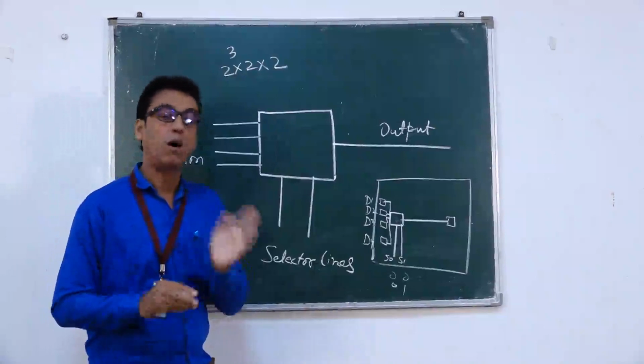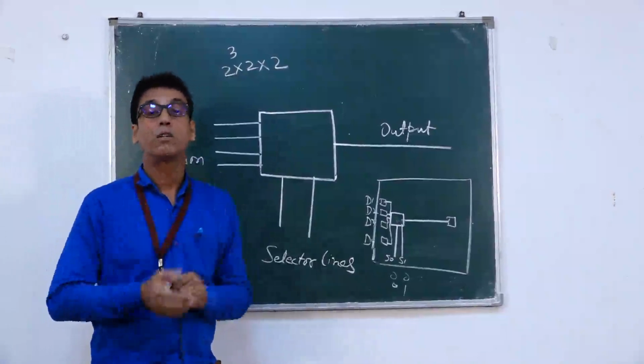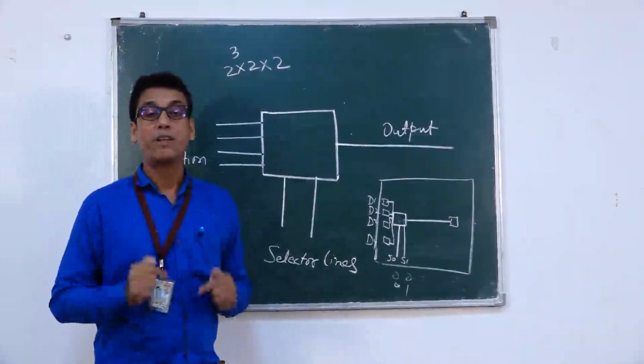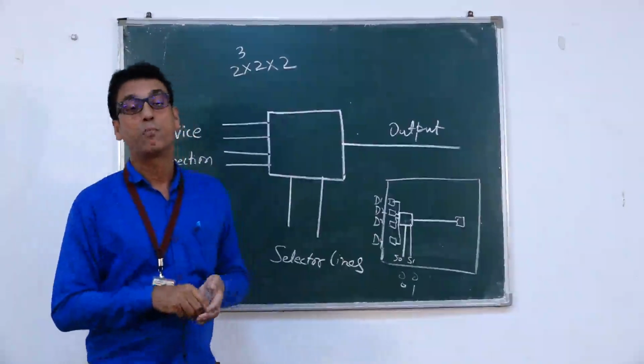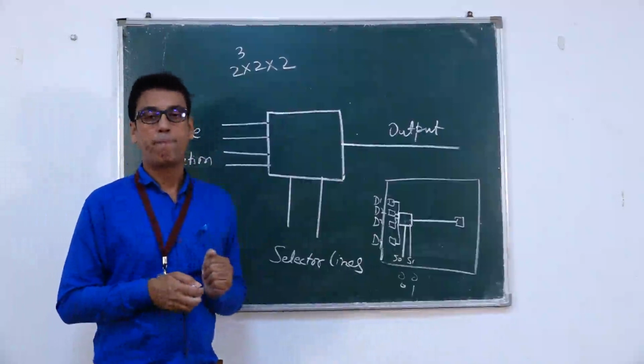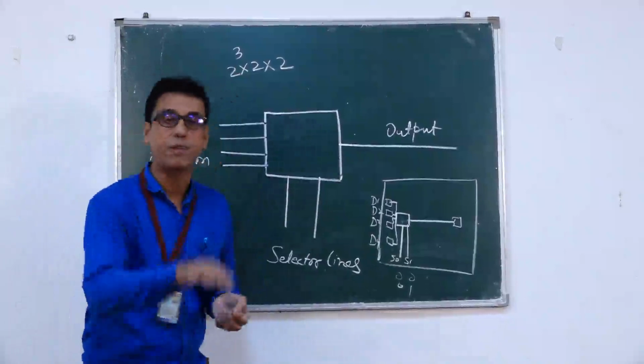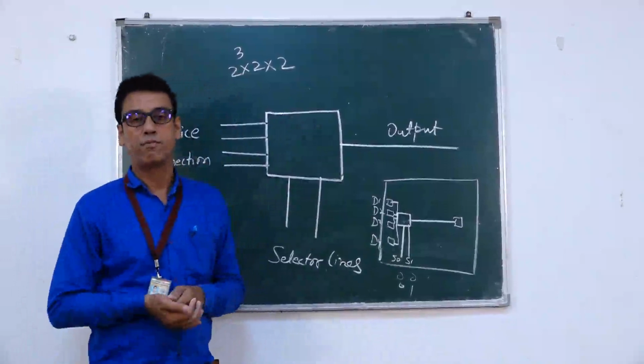So now we can conclude the concept of multiplexer. Now we are in a position to understand the purpose of the multiplexer. The purpose of the multiplexer is to reduce the number of cables in the motherboard.